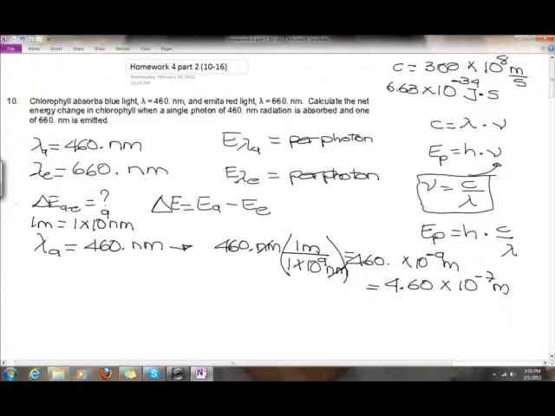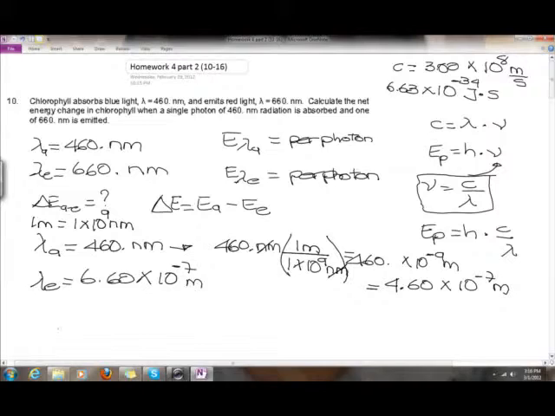The same conversion applies to the wavelength of emission, so I'm just going to put the result: 6.60 by 10 to the minus 7 meters.